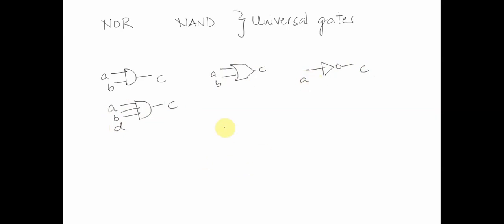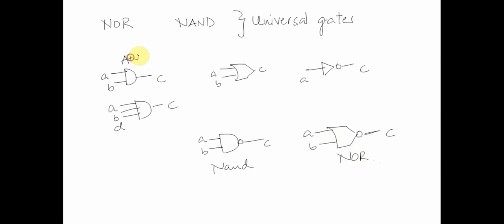And I briefly touched upon NAND gate and NOR gate also in one of the lectures, where I said NAND gate is nothing but NOT of output of AND. Similarly, NOR is nothing but NOT of output of OR gate. This is NOR gate. This is NAND. This is NOR. Okay. So just to tell you the basics, AND gate, OR gate, and NOT gate.